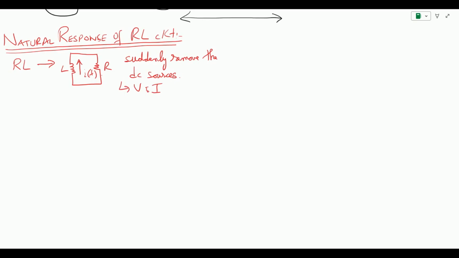So we basically want to understand the expressions for the current and voltages in the RL circuit, and the removal of the DC source gives us the natural response. In order to understand this, we begin with a very basic configuration. Let us consider we have a current source connected to an arbitrary resistor R0, and then we have a switch connected to an inductor and a resistor next to it.